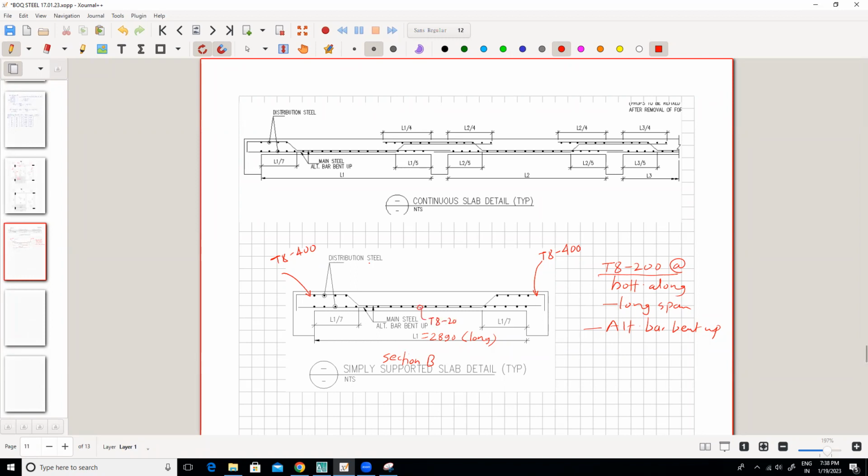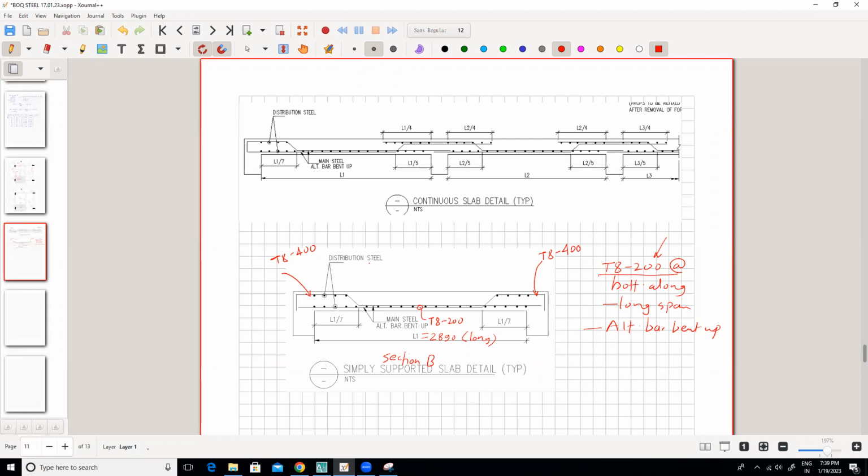And what do we require from the schedule? This is what we need, right? So on site, the people will do like this. They will put this bent up bar T8 at 400 and this bent up bar T8 at 400. So total will be T8 at 200 once we sum that. On site, this is the meaning of that.